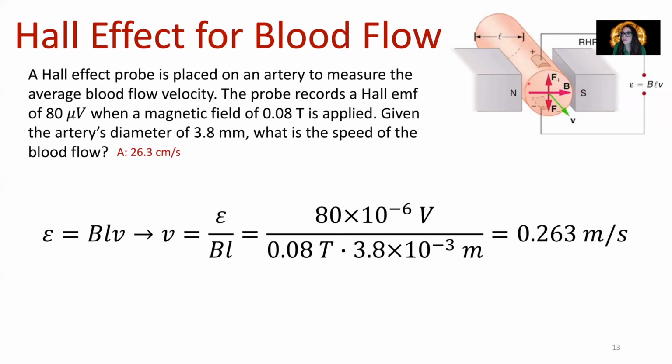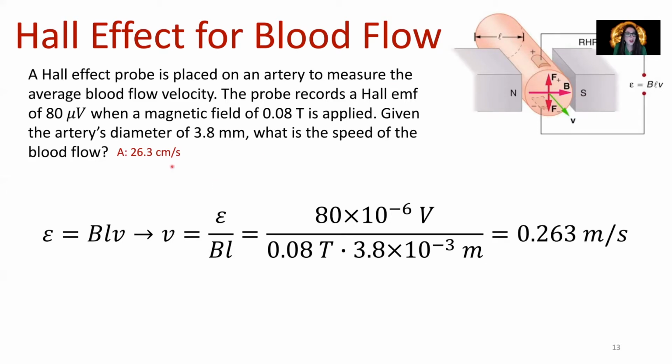Right, so here, we can imagine this is our artery, and it's got some width, L here, of 3.8 millimeters. And we're applying a magnetic field across that artery of 0.08 Tesla. And we're able to measure a Hall EMF, a potential, across the artery.